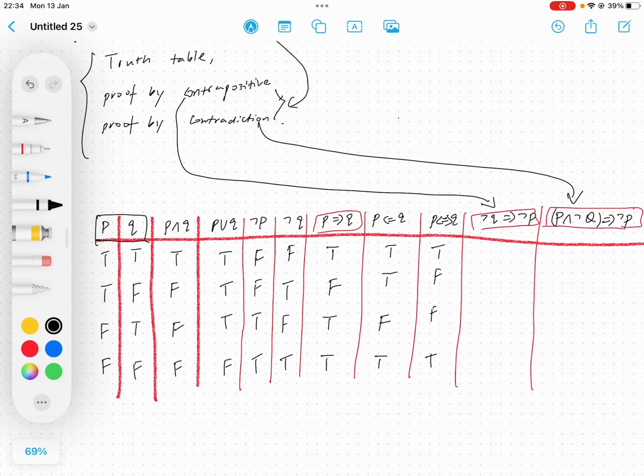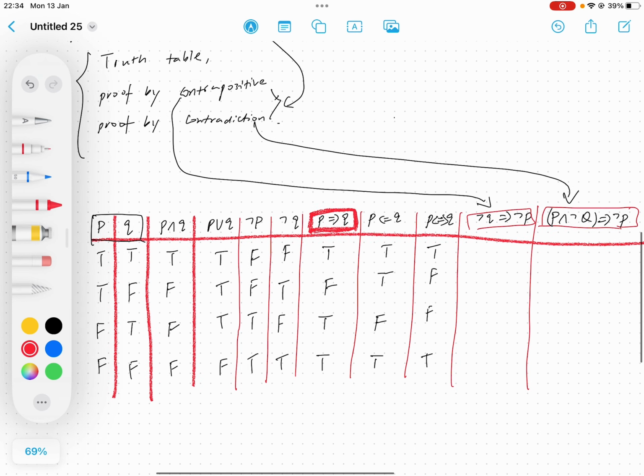The thing we're going to prove is our initial proposition, and the argument by the contrapositive is this. This is the contrapositive.